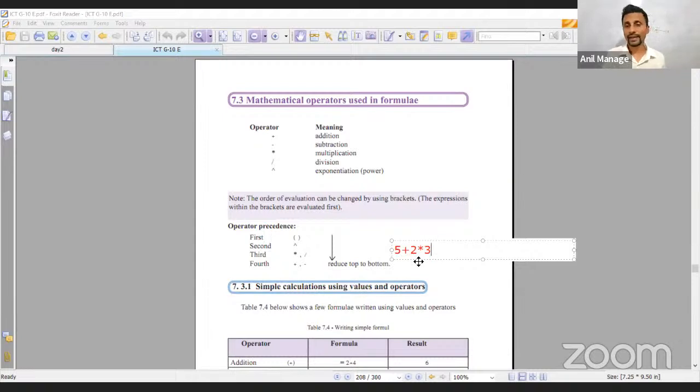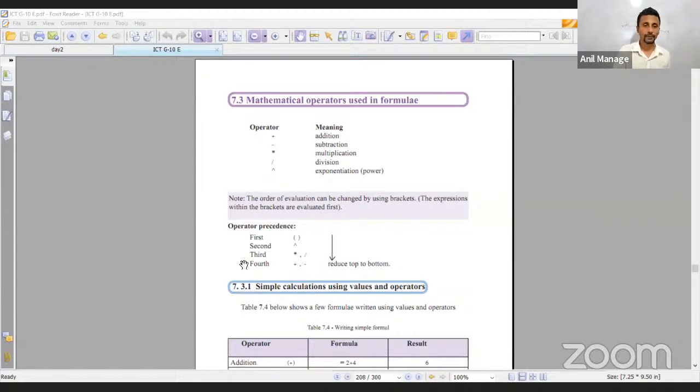Here you cannot add them together before you multiply, because multiplication has higher operator precedence, higher priority than addition. So your answer will be 3 into 2, 6 plus 5, 11, right? So that's how this operator precedence should be memorized.